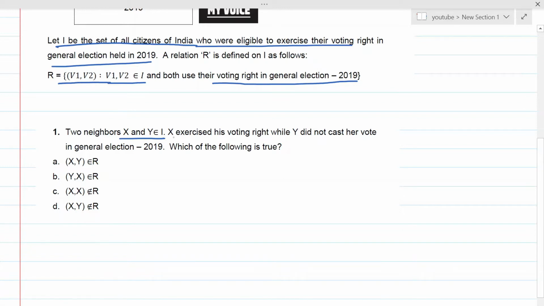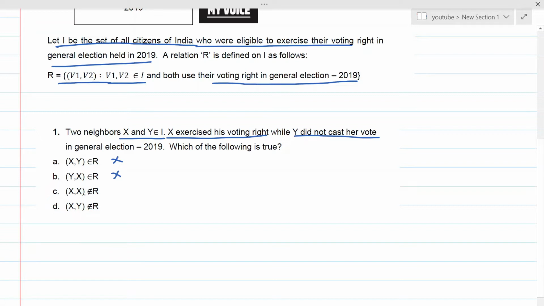X has exercised the voting right, meaning he will meet the relationship criteria, but Y did not cast their vote, meaning Y is not meeting the criteria. So (X, Y) belongs to R is not the right option. Now (Y, X) also, because Y did not vote, option B is not the correct answer.